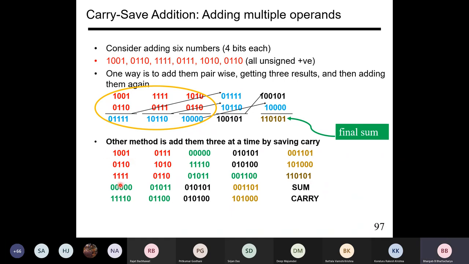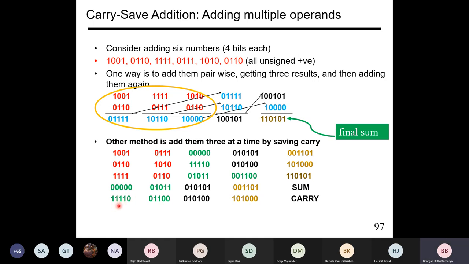I have chosen 3 numbers together because I know that a full adder block can process 3 inputs simultaneously, right? Two bits and one carry. There are 3 inputs. So I have here 4 full adder blocks, but they are operating independently. There is no signal flow. They are producing sum bits and carry bits independently.